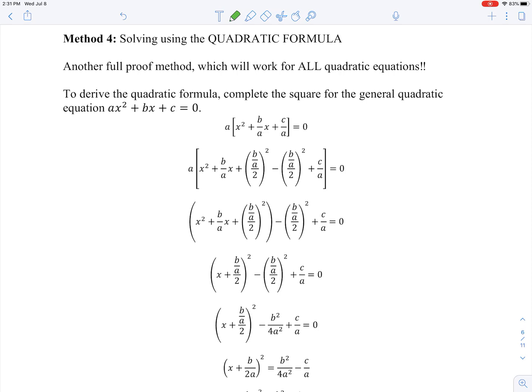All right, last method that I'm going to discuss is the quadratic formula. And you guys probably all know the song. I'm not going to sing it on here, but I'm sure that you are probably all playing it in your head. Quadratic formula is great. It's another foolproof method for solving any quadratic equation. I think for a lot of you guys, it's your go-to.